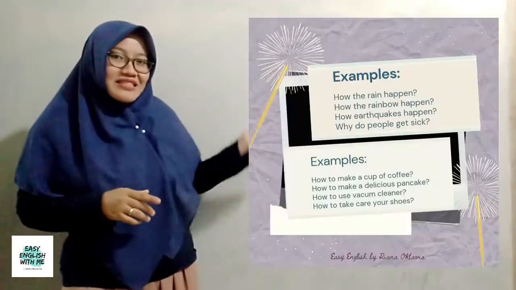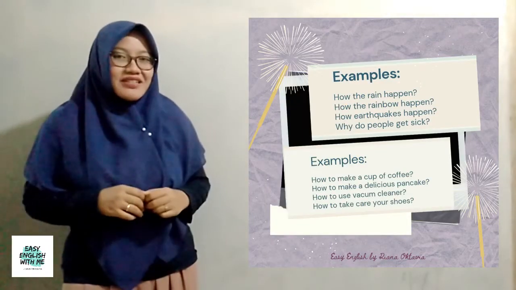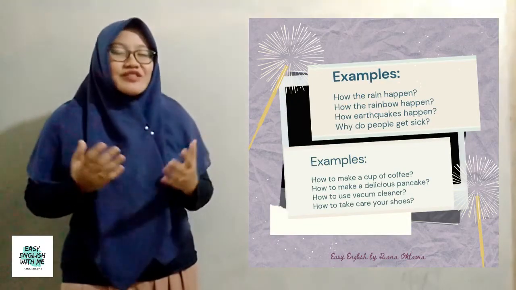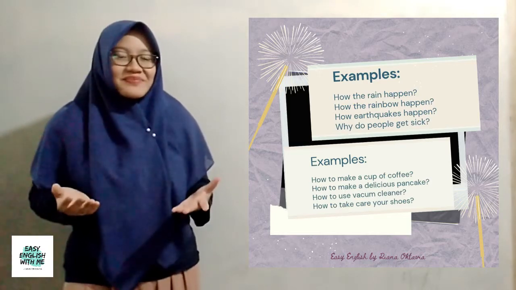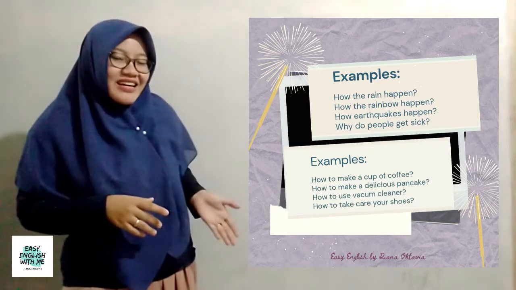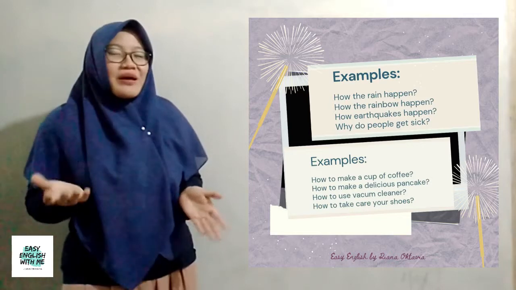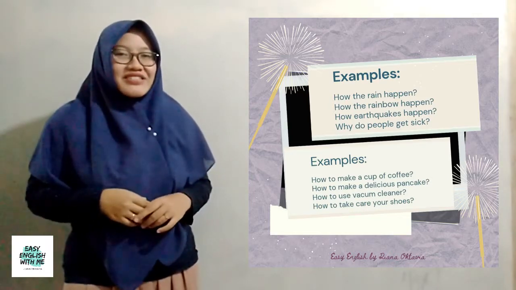Yes, and this is time for us to know about some examples of explanations and procedure text. Yes, there are some examples of explanation or procedure text topic or title. You can see here some examples of explanation and procedure text.